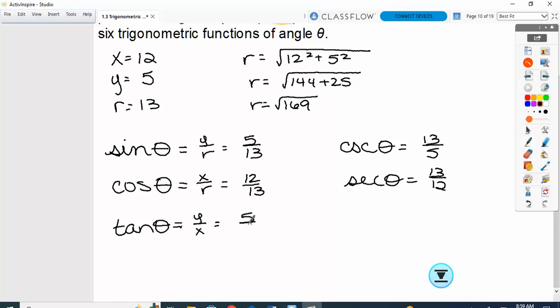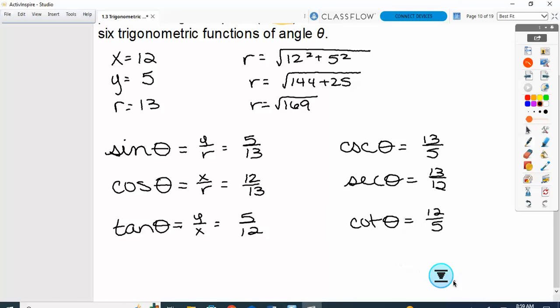So 5 over 12. So the reciprocal of tangent is cotangent, which would be 12 over 5.